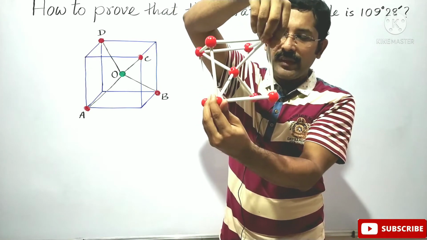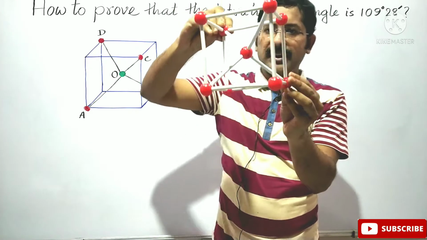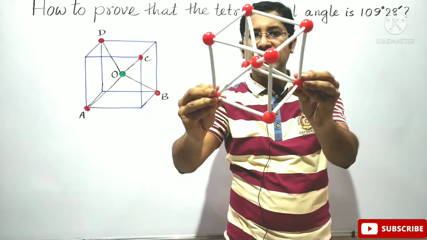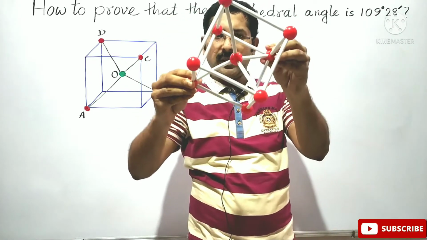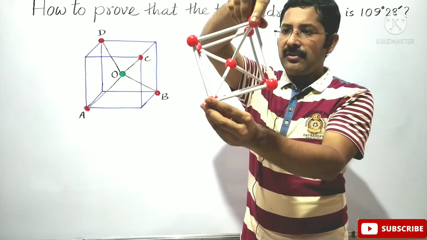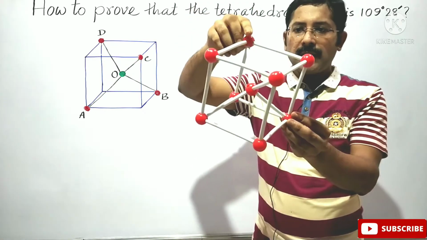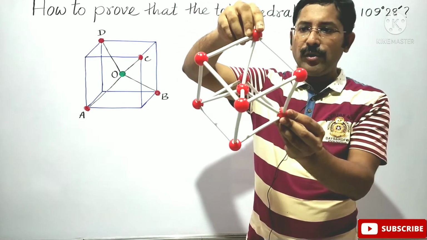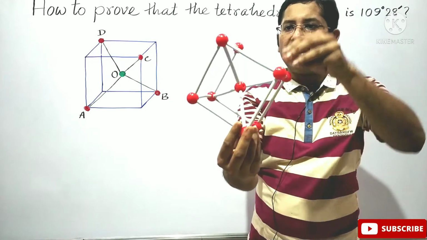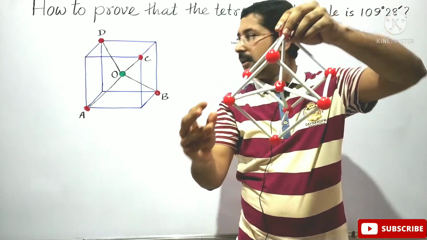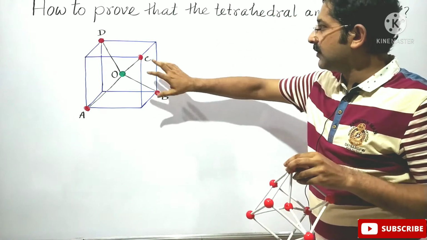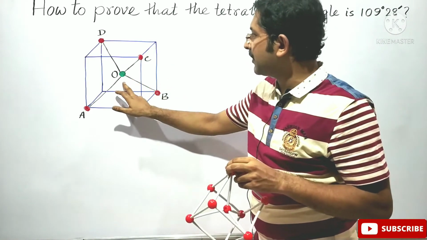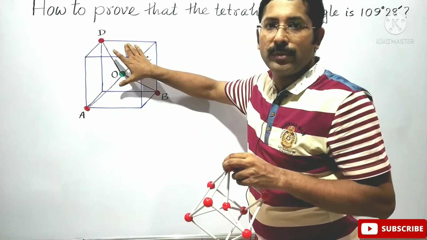So if these four atoms are connected, a tetrahedral geometry is formed. Okay, you can see this is a very important idea. If the alternate corners of the cube are connected, they form a tetrahedral geometry, right? So look at here, this is the tetrahedral geometry which is placed in a cube.